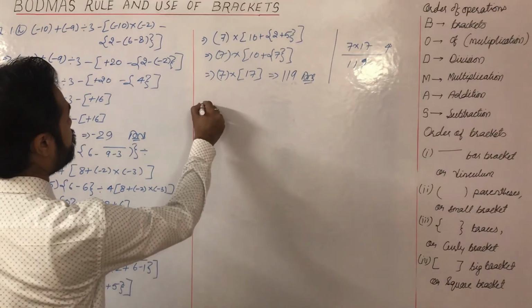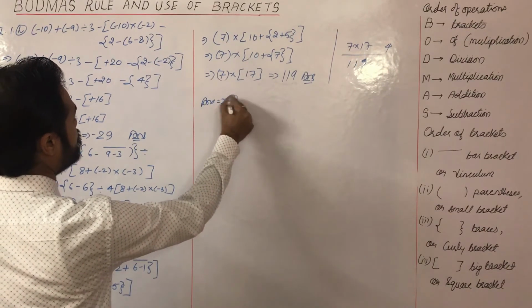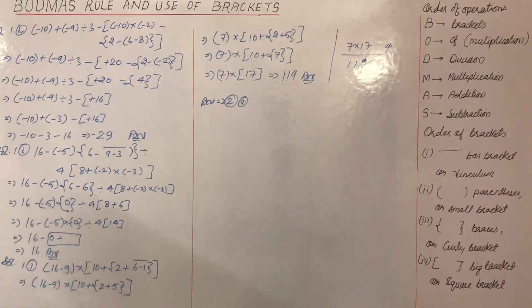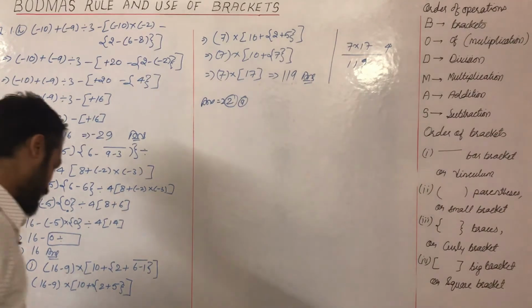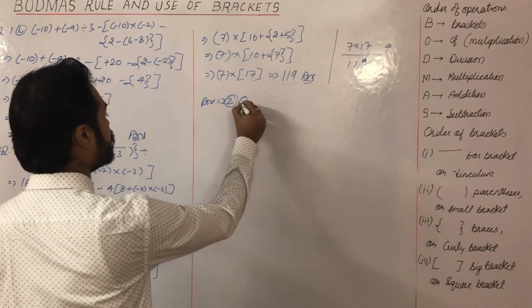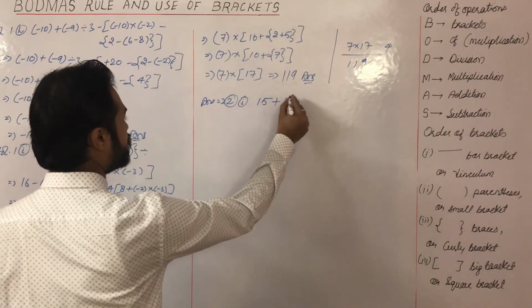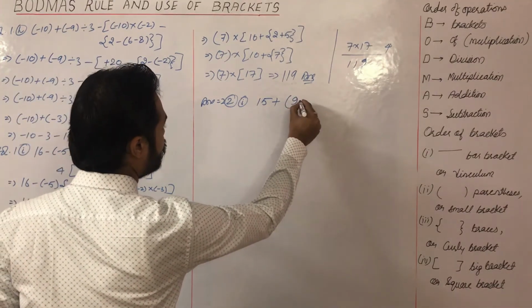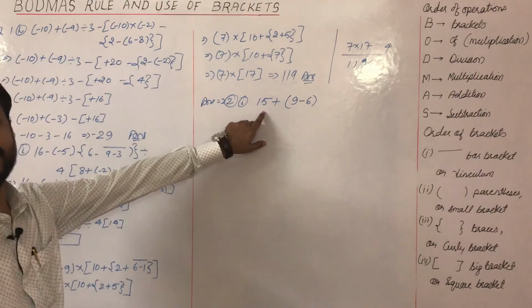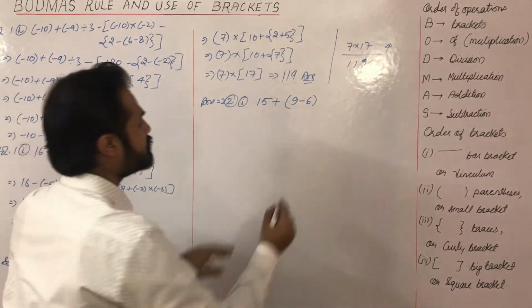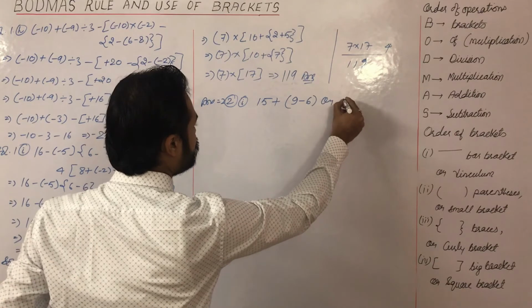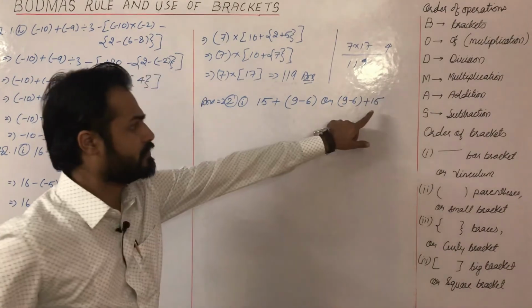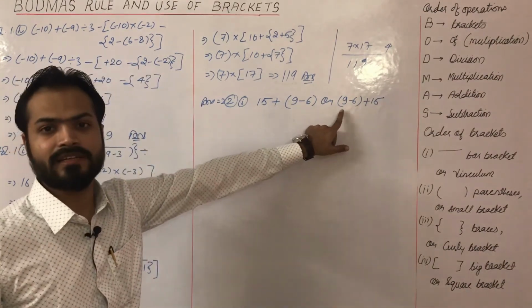So first statement, part 1: 15 added to the difference of 9 and 6. Or we can also write 9 minus 6 plus 15.